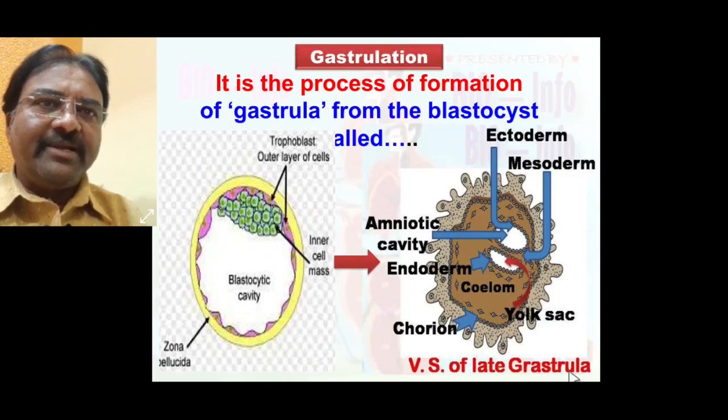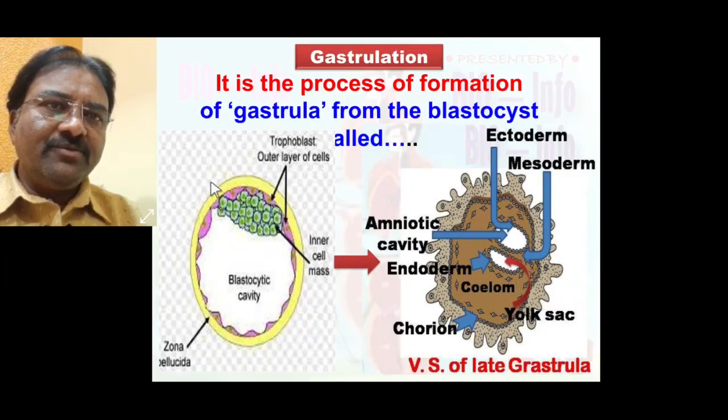Ectoderm, mesoderm and endoderm develop from the blastocyst. So we will discuss how the gastrula develops from the blastocyst or blastula.